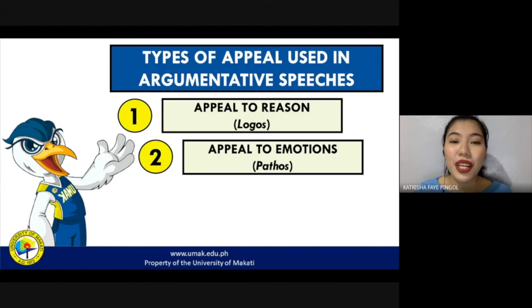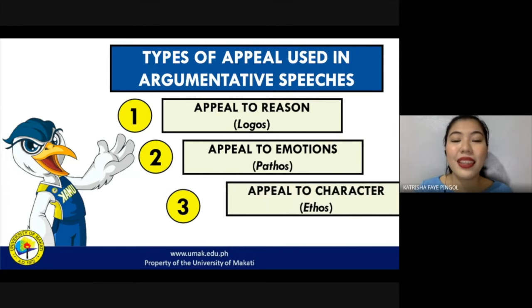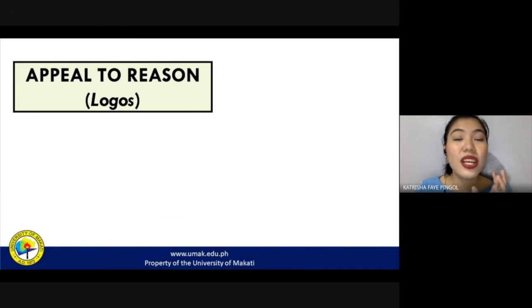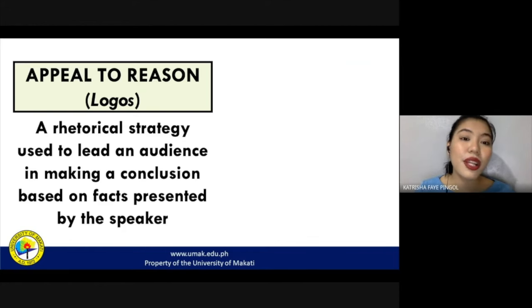Next is what we call pathos, or appealing to emotions. And the third one is ethos, or simply appealing to character. When you are using logos or appealing to reason, it is a kind of rhetorical strategy used to lead an audience to make a conclusion that is based on facts that you are presenting.